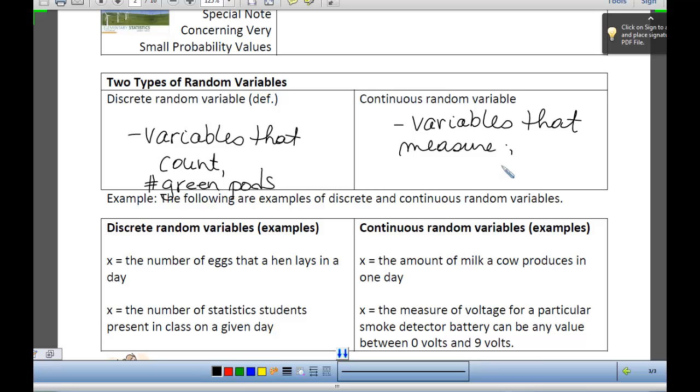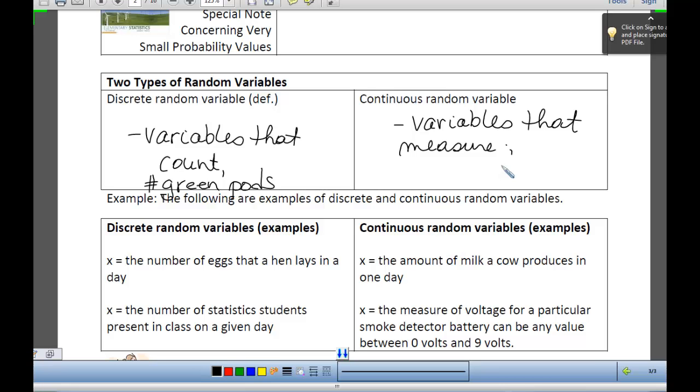Let's say the time it takes you to complete a task, temperature. Those things are continuous. In this chapter, we are going to focus on mostly discrete random variables. In the next chapter, chapter 6, we'll focus on the continuous random variables. They have some similar characteristics, but there'll be things that we need to do differently to handle them.